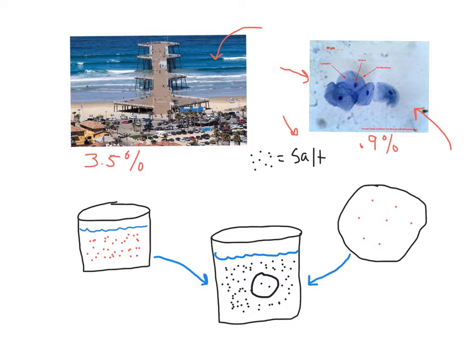It's going to have a lower percentage of salt. But since it has less salt, it's going to have a higher percentage of water. And since we know osmosis is passive transport, it goes from high to low concentration, that water is actually going to move out of the cell from a higher concentration of water to a lower concentration of water. And this solution here would be called hypertonic. And we're going to go over that on the next slide.